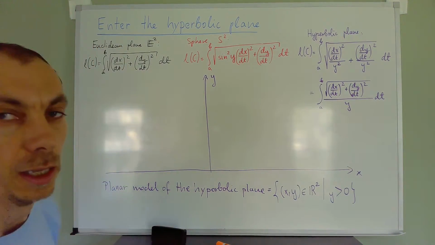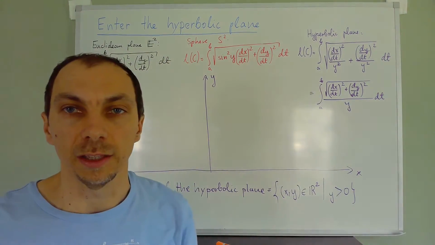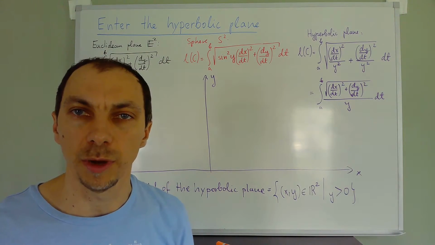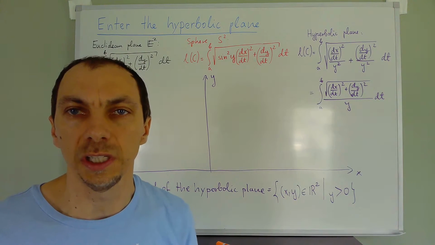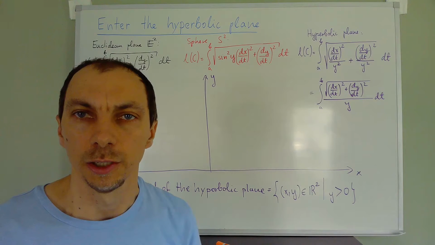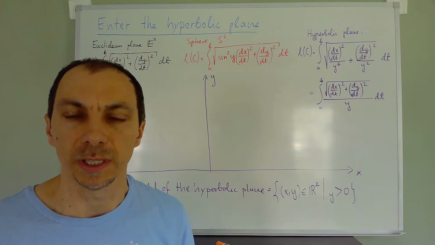For the Euclidean plane, we had a plane, we didn't need a model. For the sphere, we had the sphere, and we also had the planar model, just in case somebody cannot understand the third dimension, or if you need a map, because you don't usually carry a globe with you. You carry this flat representation of it.